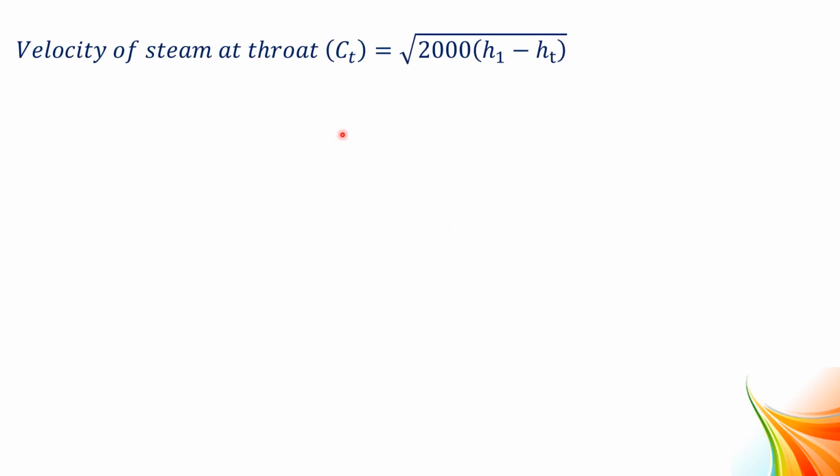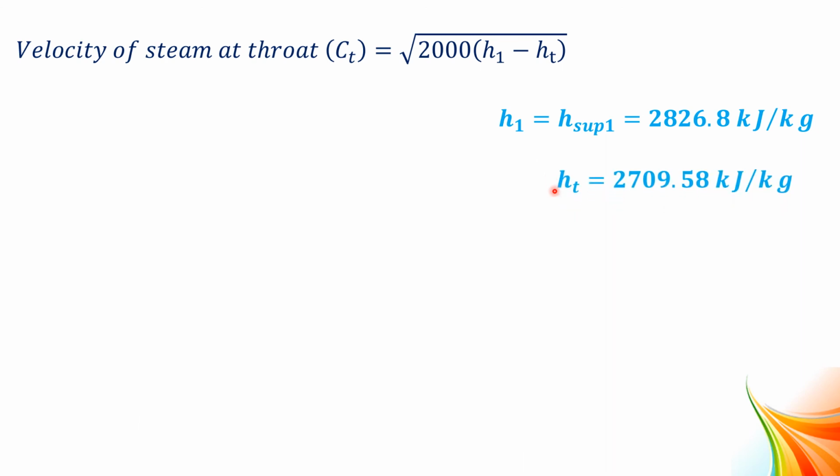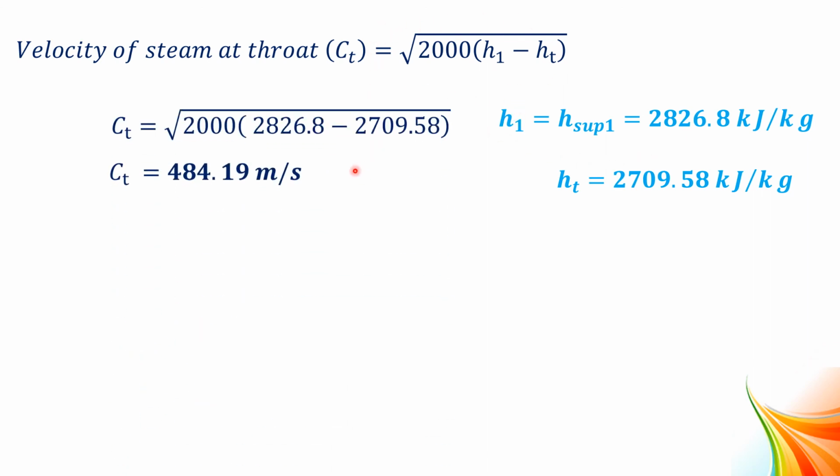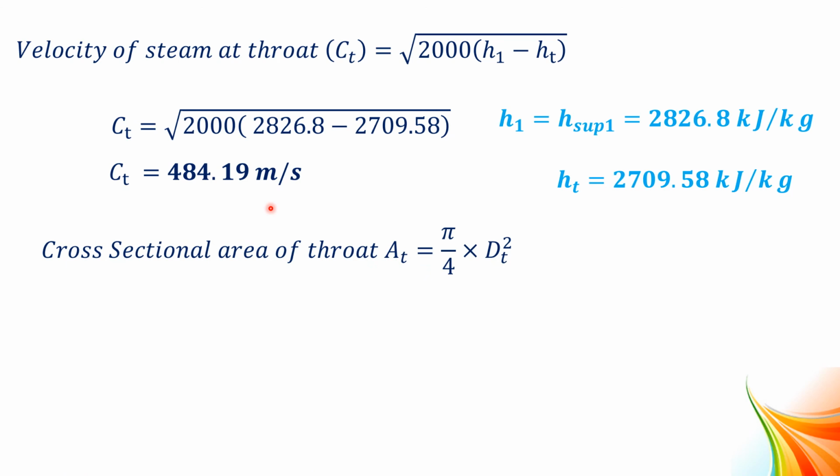Now we have to find the velocity of steam at the throat. Ct equals square root of 2000 into (h1 minus ht). We have obtained the values of h1 and ht from the steam table. Now substituting these values in the velocity equation, we get Ct equal to 484.19 meters per second.